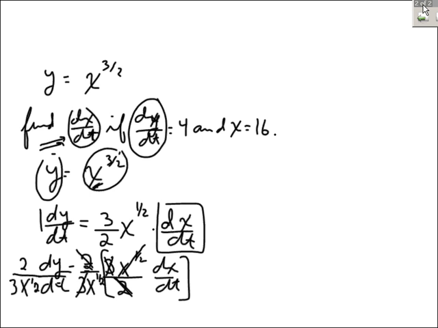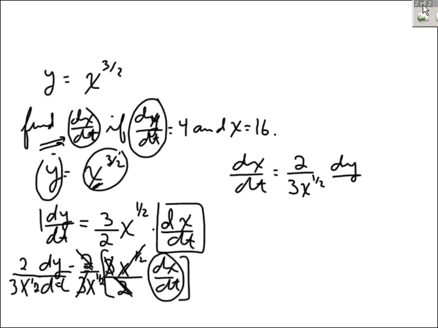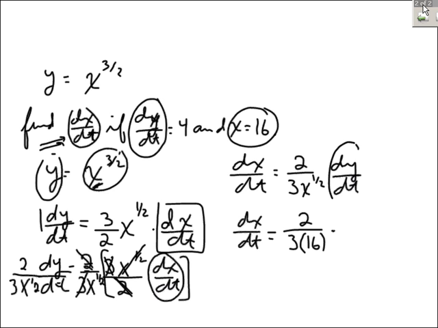So the right-hand side is just dx/dt, and the left-hand side is 2 over 3x to the 1/2 times dy/dt. And they're asking us to find dx/dt. What is dx/dt equal to? x is 16, and dy/dt is 4.